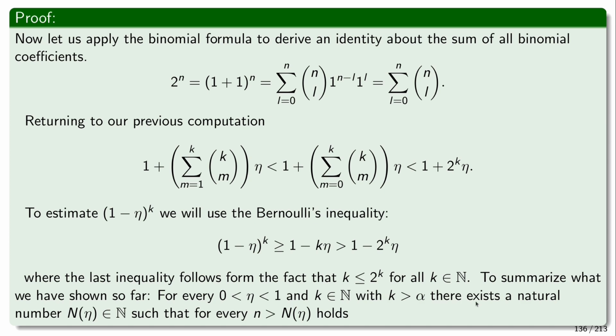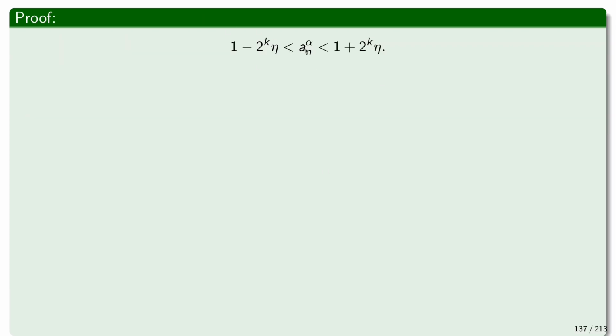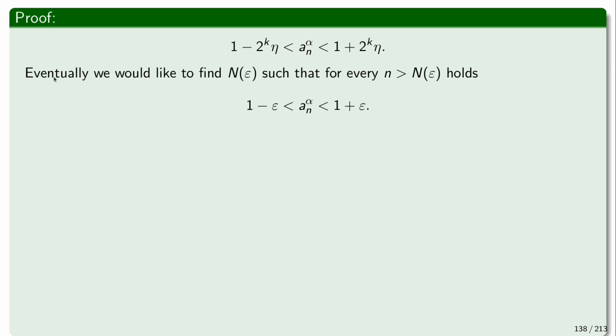So whenever k is greater than alpha, then there exists a natural number N of eta, such that for every n greater than N of eta this inequality holds: a_n to the power of alpha, which we wanted to estimate in the first place, is between this value and this value, right? And now remember that we can choose eta as small as we please, because it came from unwrapping the definition that a_n converges to 1. So eventually we would like to find N of epsilon such that for every n greater than N of epsilon we would have this.